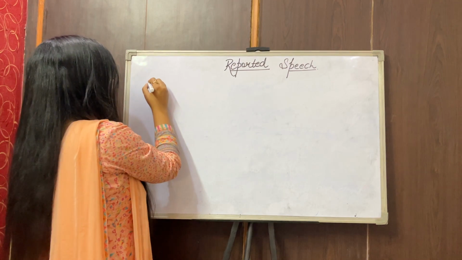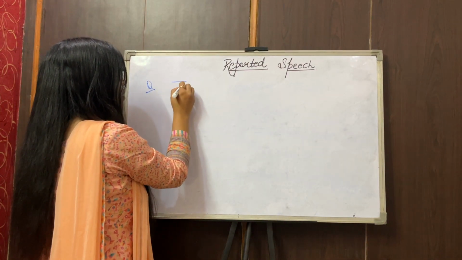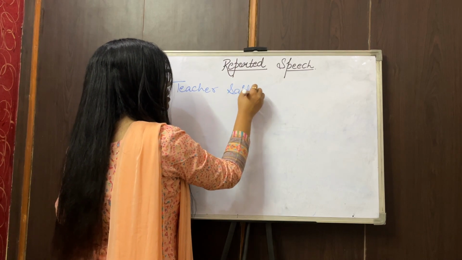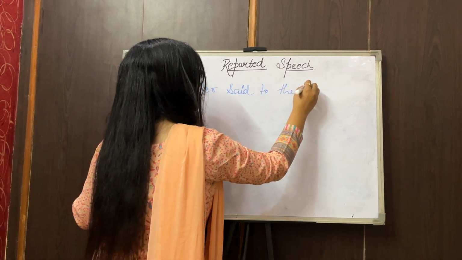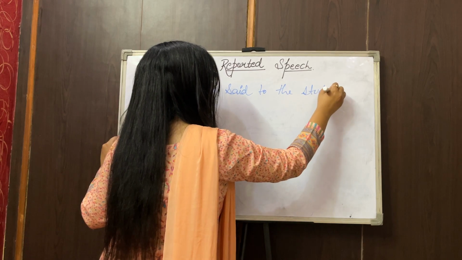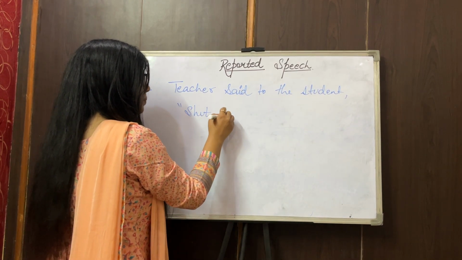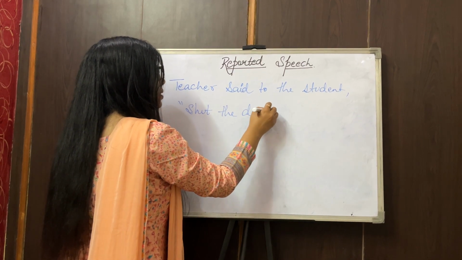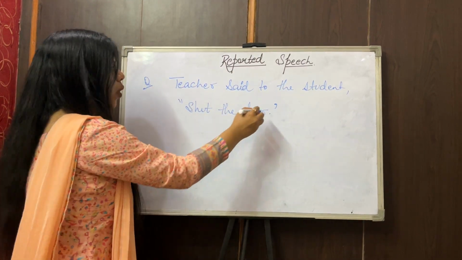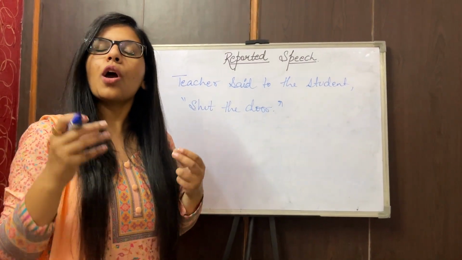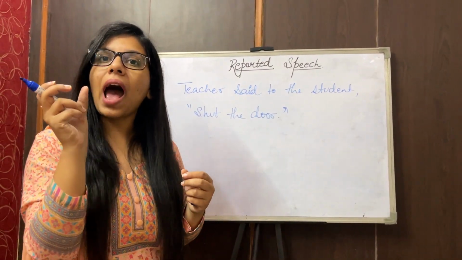Let's say the question is, teacher said to the student, shut the door. Now what is this? This is an instruction. Okay. Now when we ask someone to do some work, we also use the verb ask.